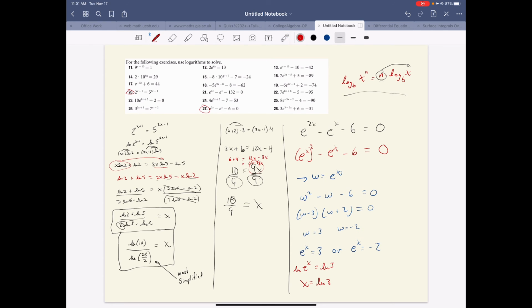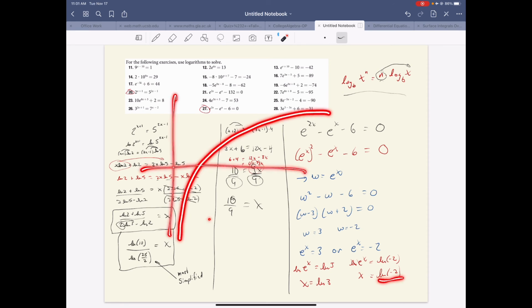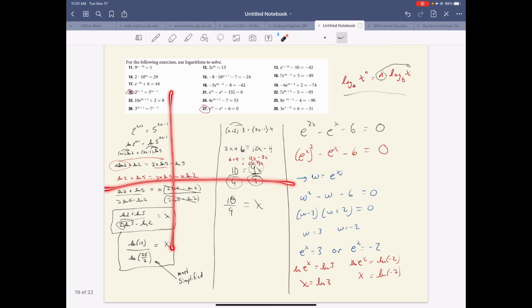But if I did ln of both sides, those cancel and I get x is ln of negative 2. Also in a previous video, we said you can't log negatives because a log graph looks like that, and the domain is 0 to infinity. And so you can't plug any negatives into a log.